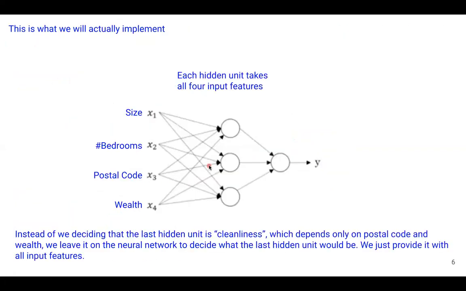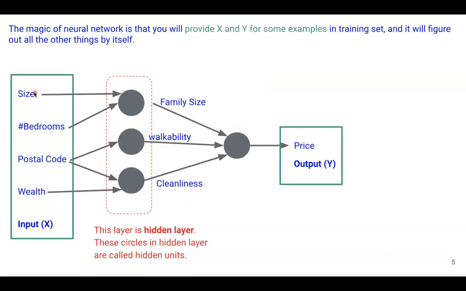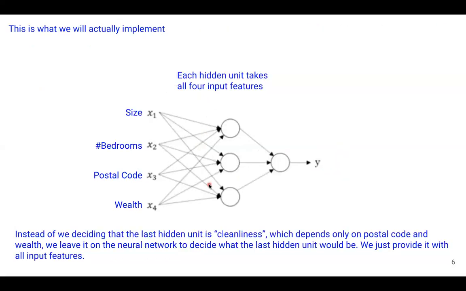So what we actually implement is something like this. Instead of deciding that the first node will take input only from the first two inputs and calculate something related to family size, and the second one is walkability, rather than deciding these ourselves, what we do is give all four inputs to all three units of this hidden layer.